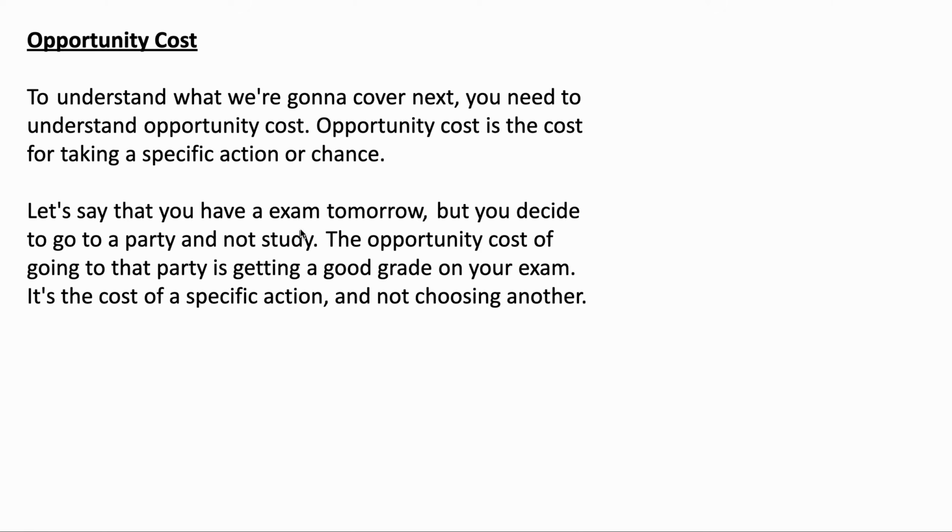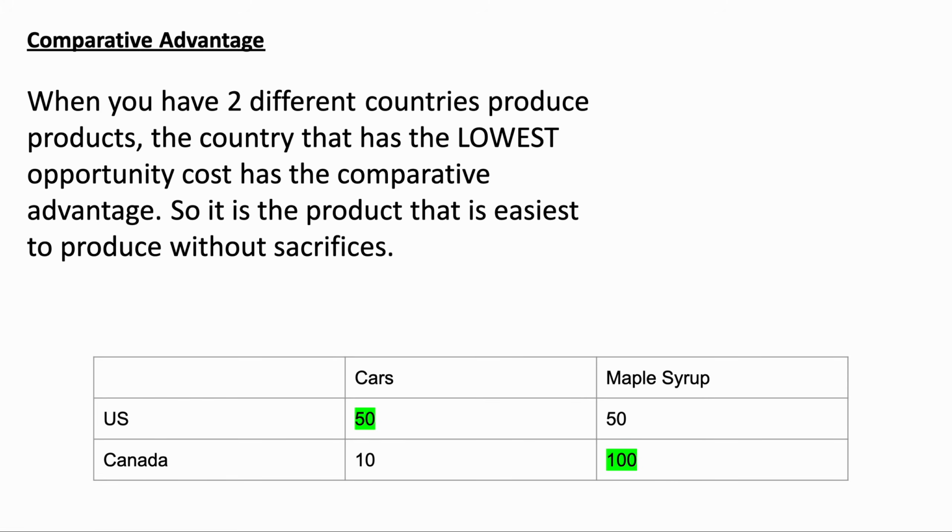The opportunity cost of going to that party is getting a good grade on the exam. Because instead of going to that party, we could have just stayed in our dorm, or we could have stayed in our house and studied for our actual exam and got a good grade. That's the opportunity cost of going to a party. So opportunity cost is simply the cost of an action when you could have done something else, really.